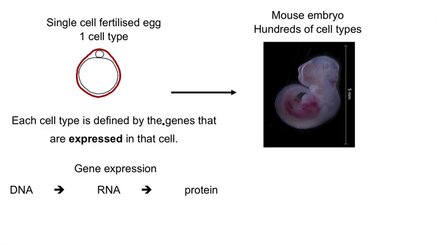What we now understand is that each of these cell types is defined by the genes that are expressed within each cell. Gene expression, a term I'll use many times throughout these 6 weeks of lectures, really refers to the transcription of the DNA into the RNA, and then the RNA translated into the protein. This is what we're talking about for gene expression.